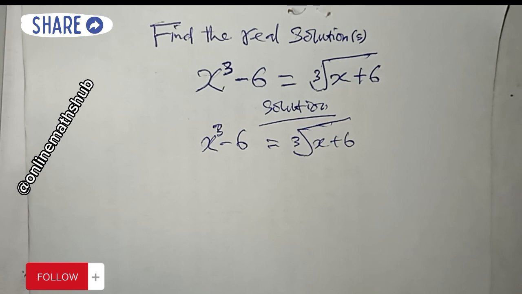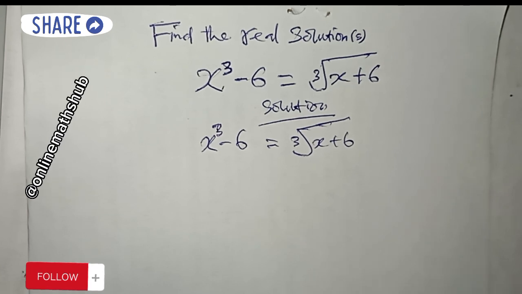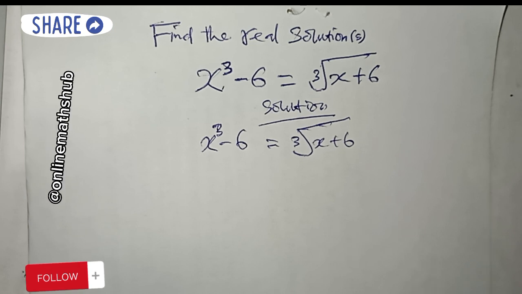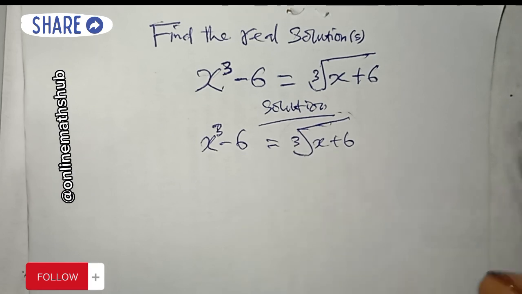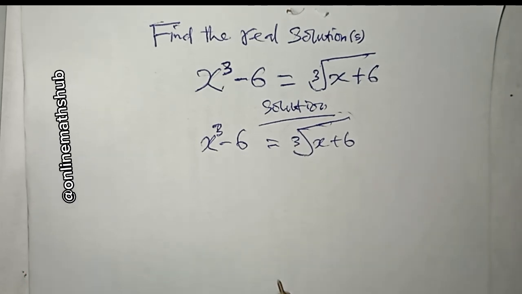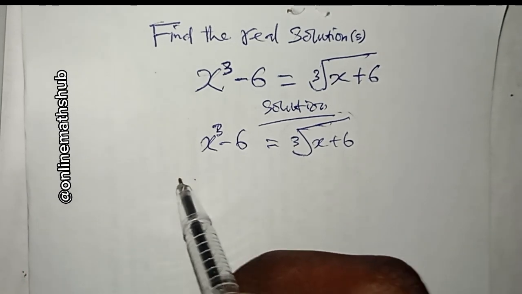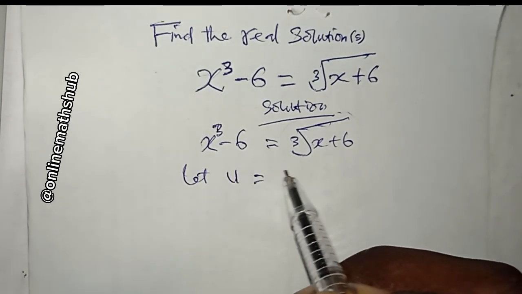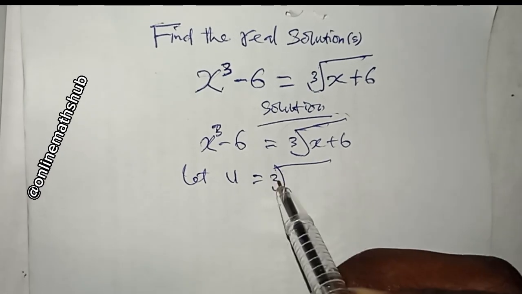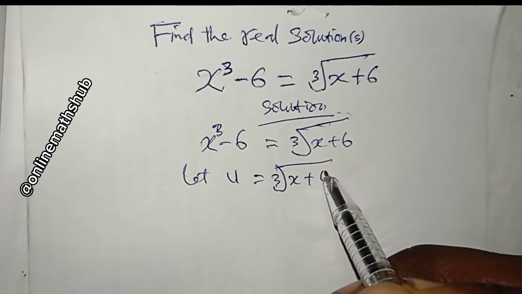So what I'm going to do is make some substitutions so that it can be easier for me. I'm going to set this stuff at the right hand side to something else. Let u be equal to the cube root of x plus 6.